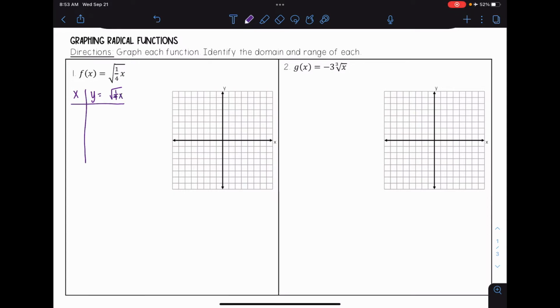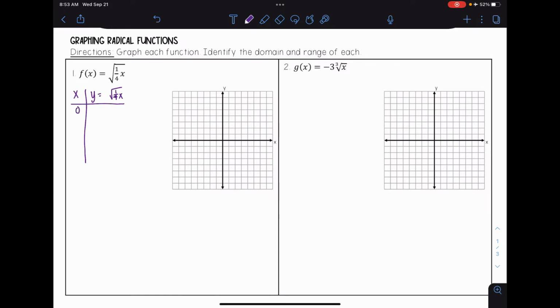And remember, with square root, the domain and range have to be positive. So I can't put any negative x values in here. If I put a negative x value, that's going to make this the square root of a negative number, which doesn't give us any real numbers. So that gives us imaginary. So my smallest x value can be 0, so I can plug in 0.